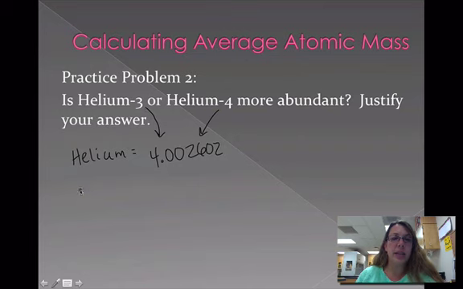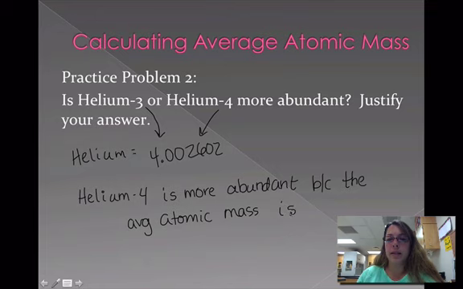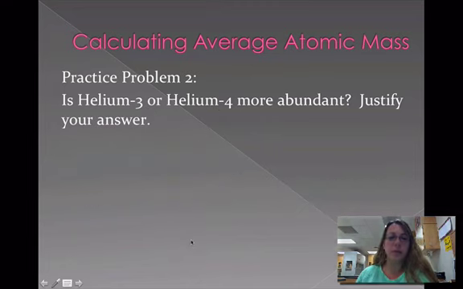So that tells me that helium-4 is much more abundant than helium-3 because the average atomic mass is closer to 4 than it is to 3. And that's all you have to do for those.